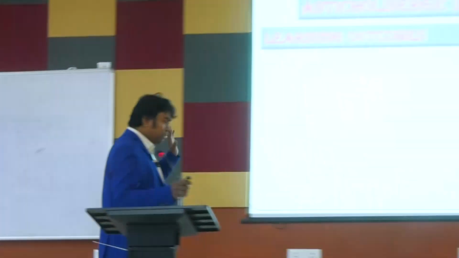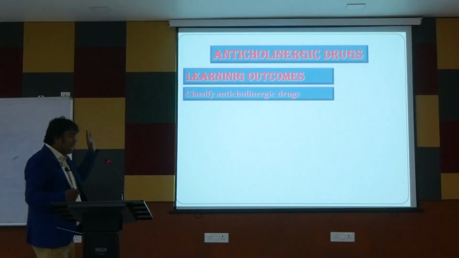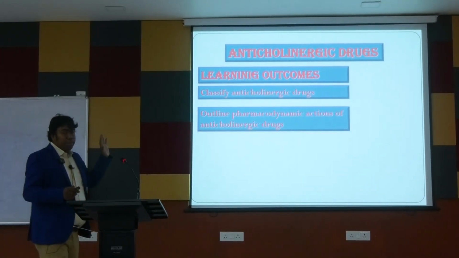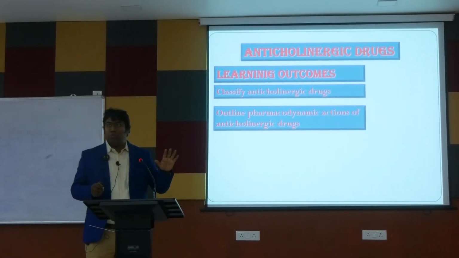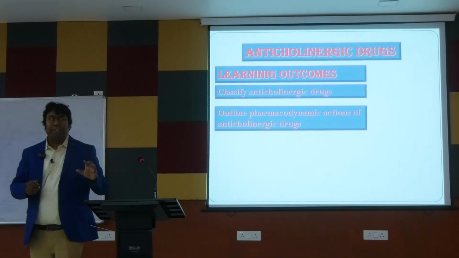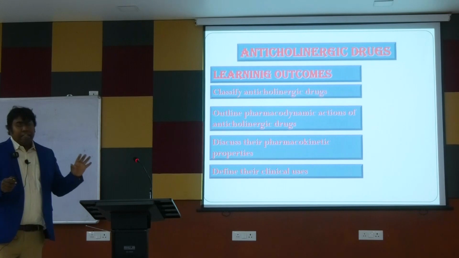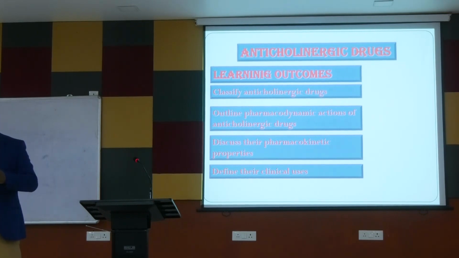Now we will discuss the muscarinic blockers. Today we will discuss the classification of the anticholinergic drugs, followed by the pharmacodynamics, how it acts, which systems they involve, then pharmacokinetics, and some clinical uses and ADRs.